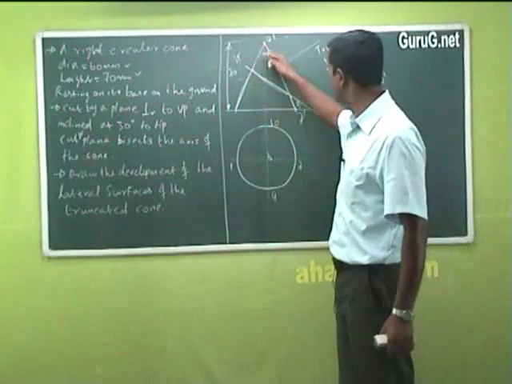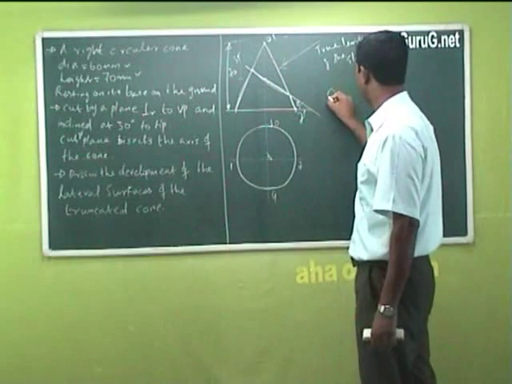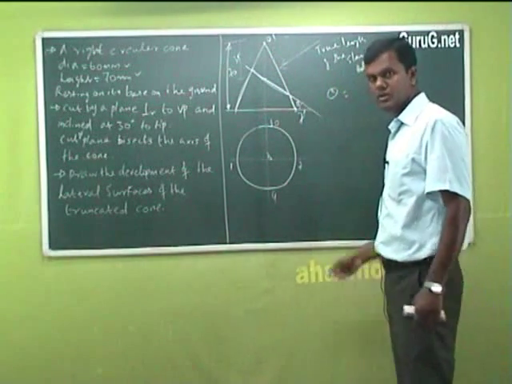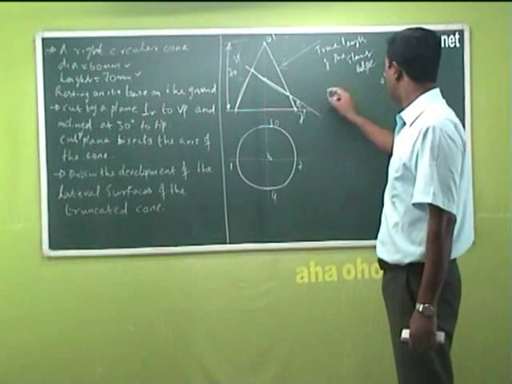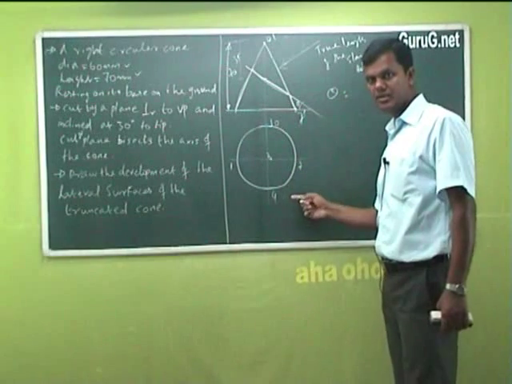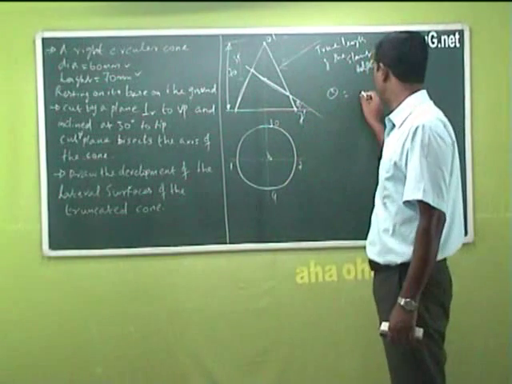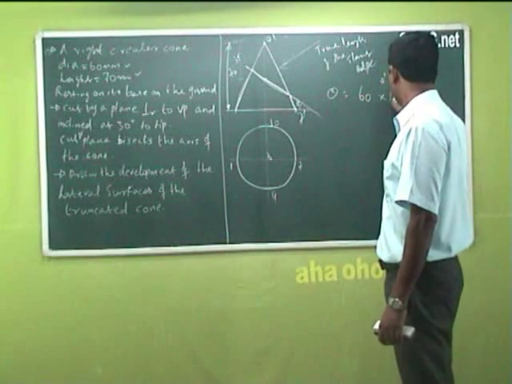Now to calculate this particular angle, you need to go for a formula where theta is equal to the base of the circle, which is given as 60 millimeter, into 360.